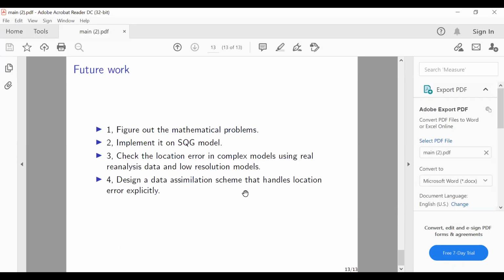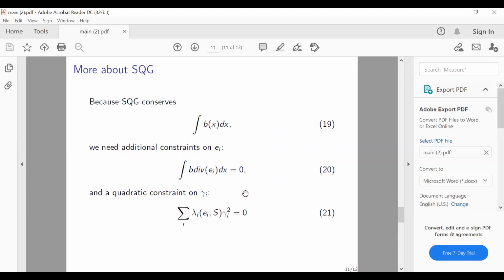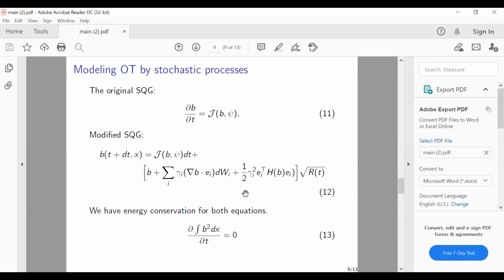In your SQG model, I don't really see the dimension of your T transformation. Is it a 1D or 2D PDF? T is a map from a domain to a domain.